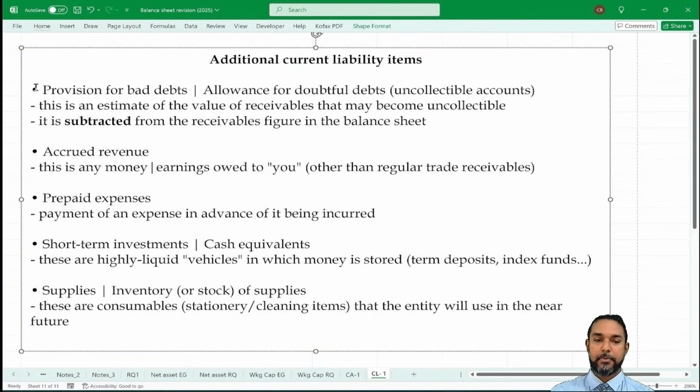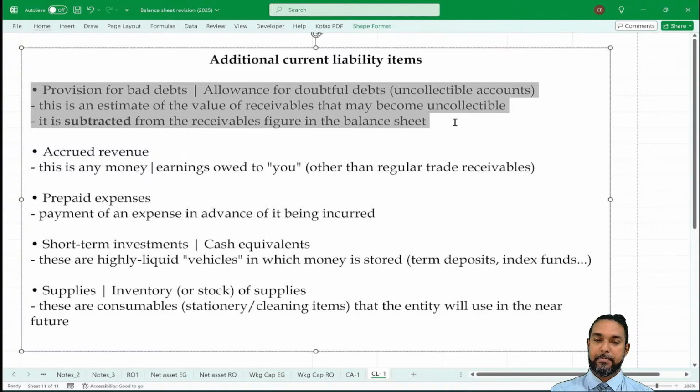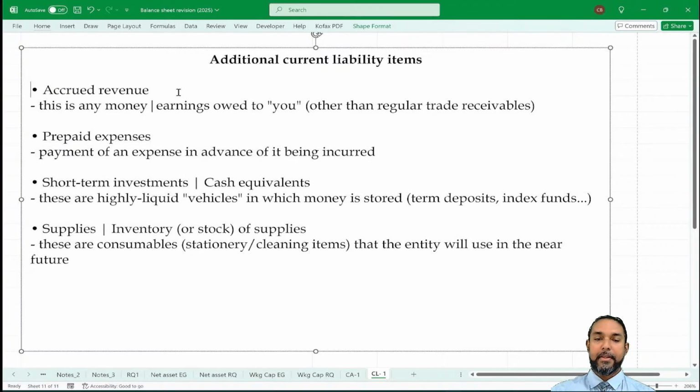All right, so there's no analog or parallel for the provision for bad debts down there, right? In the current liabilities, we have accrued expenses and we have prepaid revenue, right?